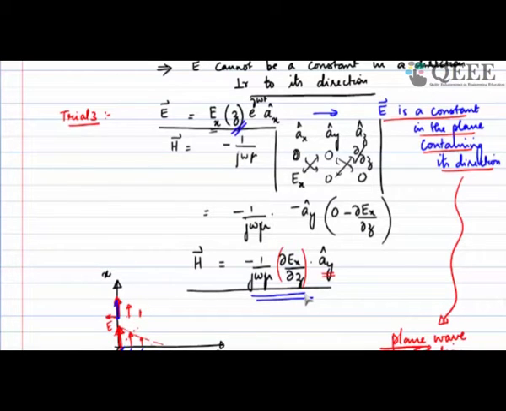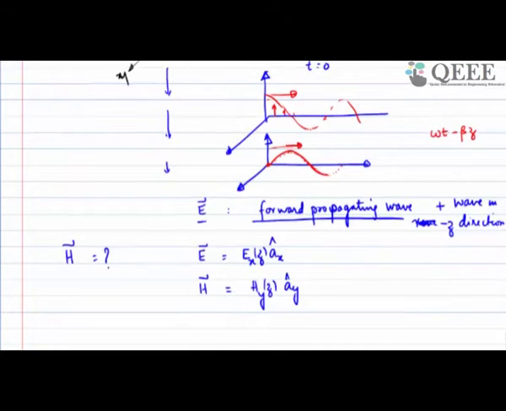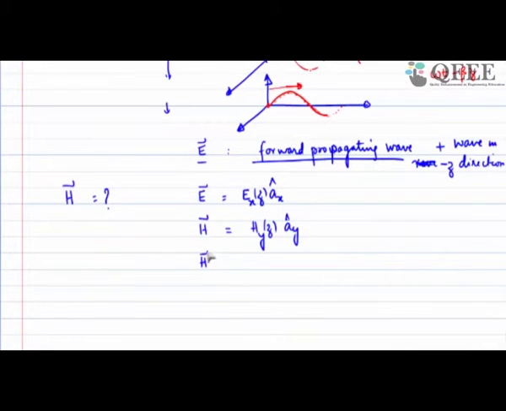And what is the y component? It is minus 1 by j omega mu del Ex by del z. So my H is minus 1 by j omega mu del Ex by del z, in the Ay direction. Now let's calculate what this is.